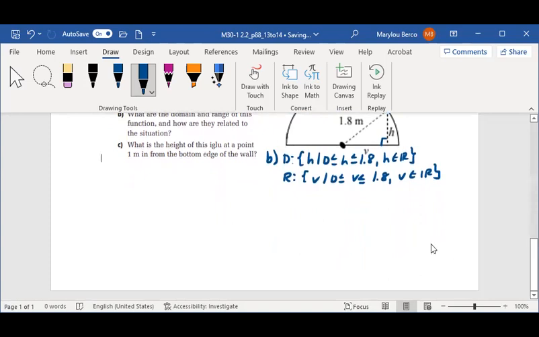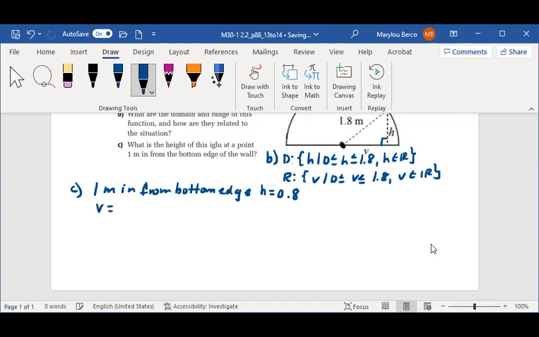Okay, for C, what is the height of the igloo at the point 1 meter in from the bottom edge of the wall? So 1 meter in from the bottom edge of the wall means h will be equal to 0.8.